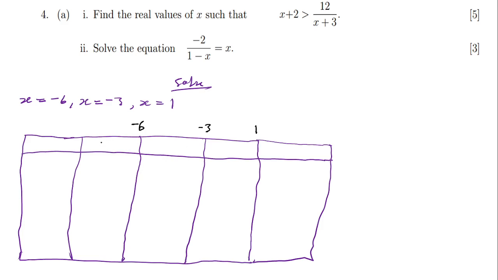So here you put x less than negative 6, then negative 6 less than x and x less than negative 3. There you say negative 3 less than x and x less than 1, and then the last part, x greater than 1.